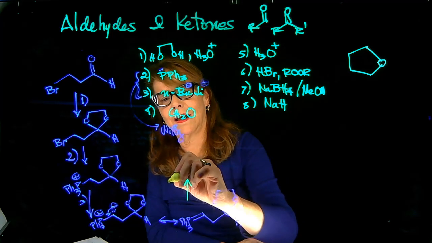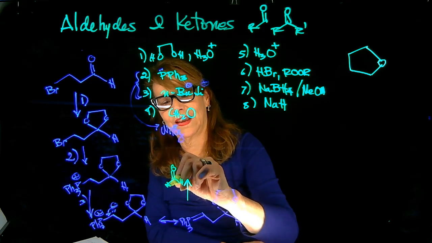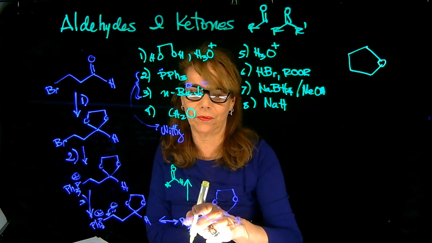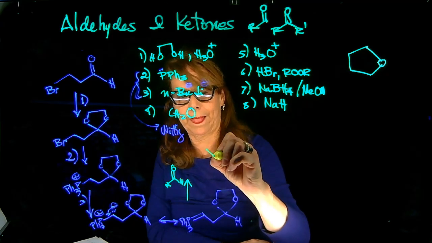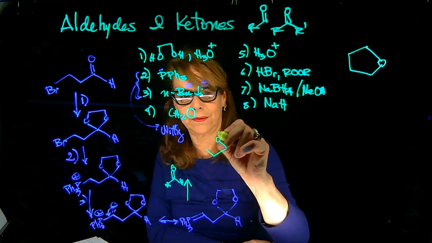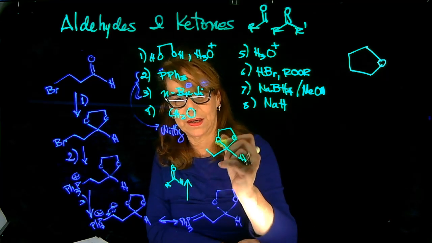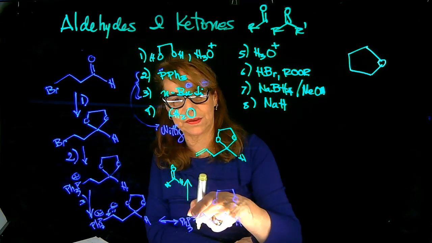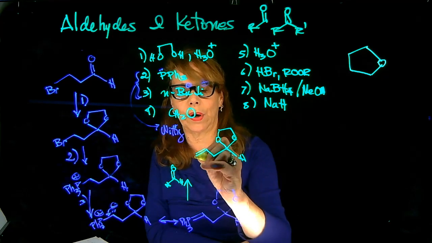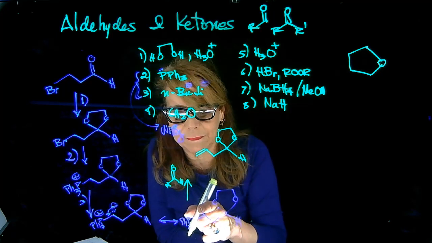This is formaldehyde. And what we're doing is now the Wittig is inserted here. Same acetal. And now I have, you're simply adding one more carbon to the chain through your Wittig.